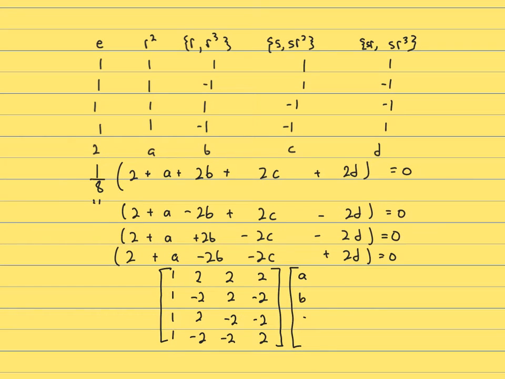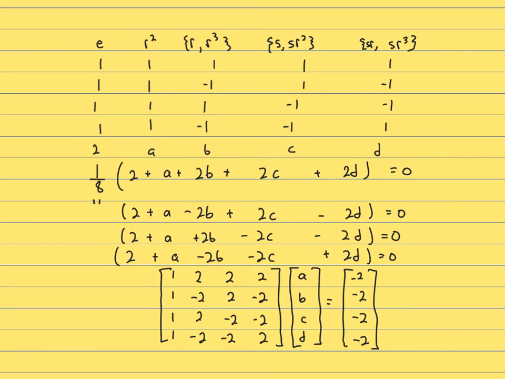Times a, b, c, d is equal to negative 2's only. So our ability to solve for this 4th character row, or 5th row in the character table, corresponds to a linear algebra problem. Can you solve this matrix equation?